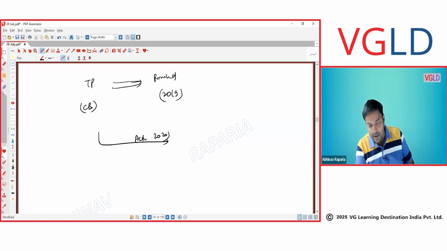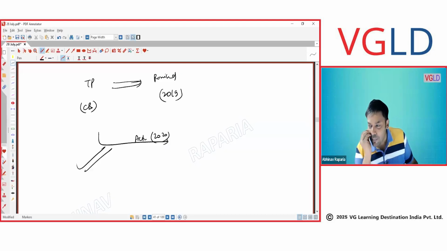When will you get the deduction as a cash basis taxpayer? Obviously, you will get the deduction in 2020. It's irrelevant when you have made the promise. You have made the promise, 100% assurance, 100% guarantee, it's all irrelevant. What matters is when you are actually paying that. Is that okay, everyone?